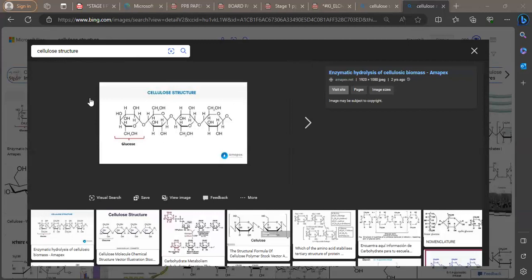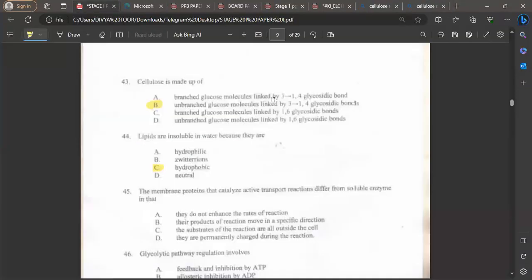Okay, cellulose. It's unbranched. Yeah, starch and glycogen are branched, but cellulose is unbranched.